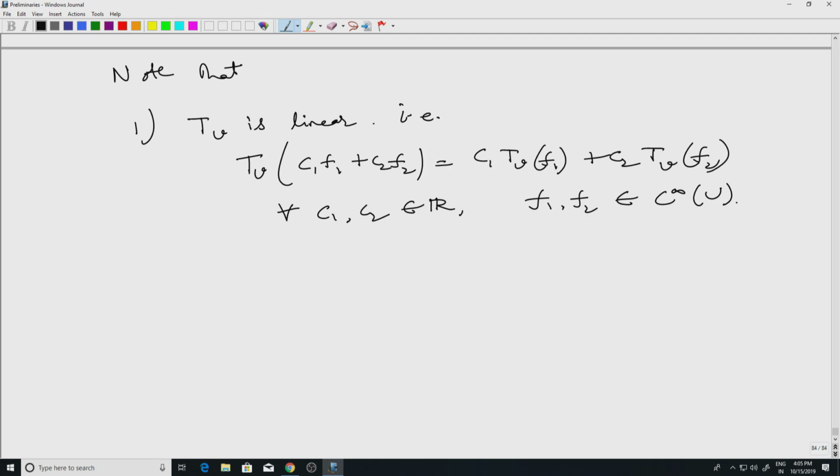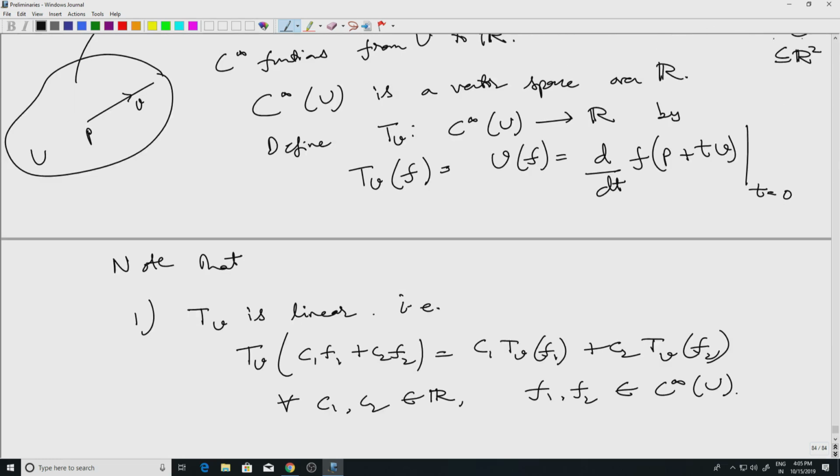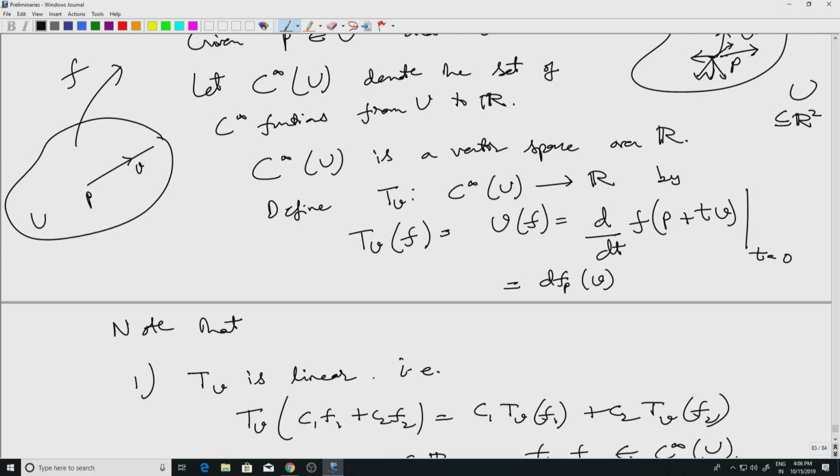Actually this is not so evident from the formula that I wrote down here, but we know that this is also equal to df_P of V. So recall that f was a map to R. So I have the derivative as a linear map from this to this, so I can act on this.